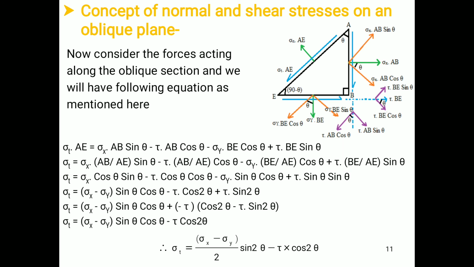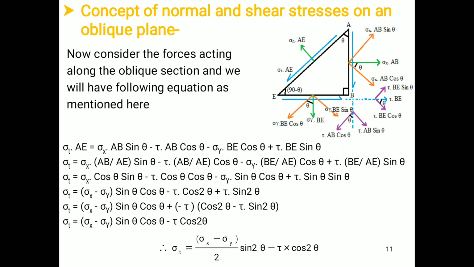Again, by using trigonometrical considerations, we have sigma t is equal to sigma x cos theta sin theta minus tau cos theta minus sigma y sin theta cos theta plus tau sin theta. On solving this equation, I have sigma t is equal to (sigma x minus sigma y) sin theta cos theta minus tau cos 2 theta plus tau sin 2 theta.